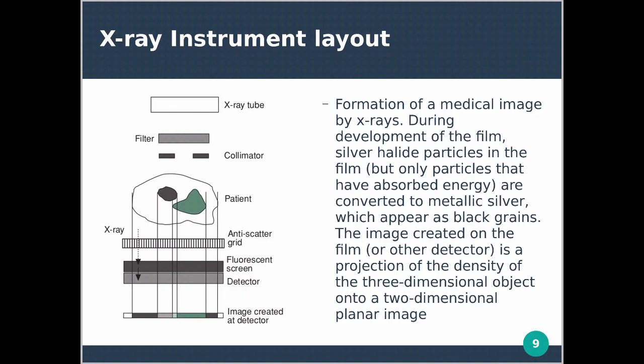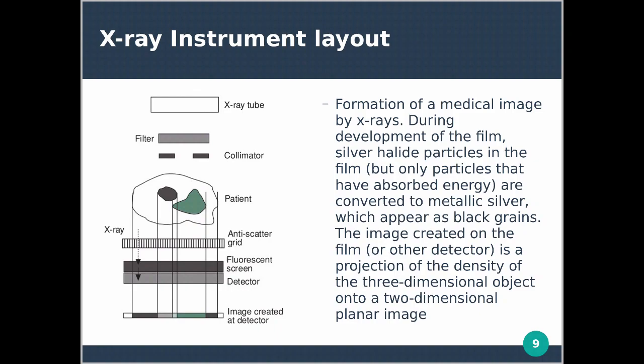With less absorption of the X-rays, you have white, and with greater absorption, you have darker shades. When the X-rays hit the silver halide in the detector, the silver halide becomes metallic silver, and that appears as black. So the part of the detector that is more exposed, that has the most X-rays going through, is darker.